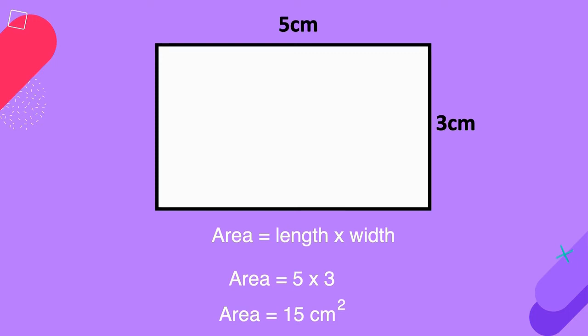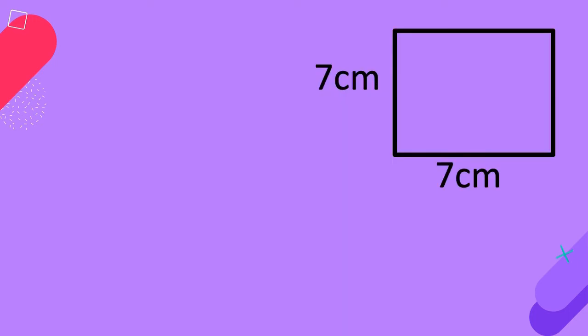Let's try another one. I'm given a shape like this. 7 centimeters, 7 centimeters. Can anyone guess what kind of shape this is? Yes, it's a square. How do we know that? Because all sides are the same length.